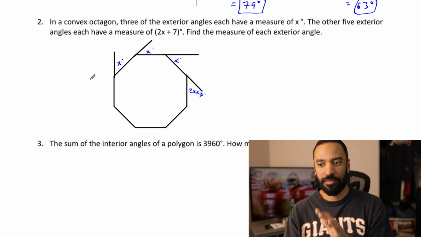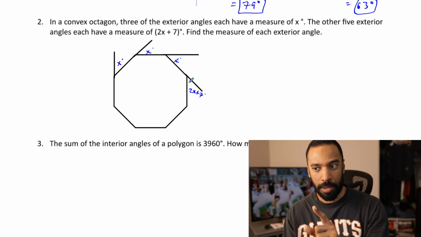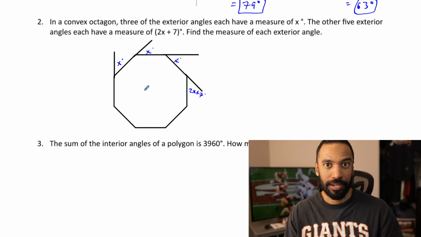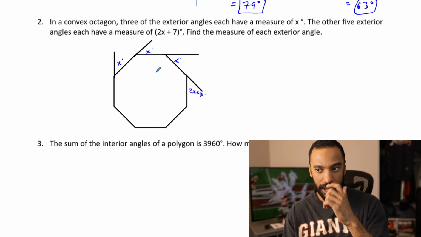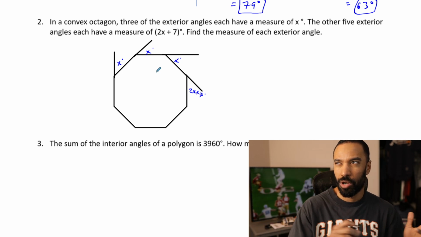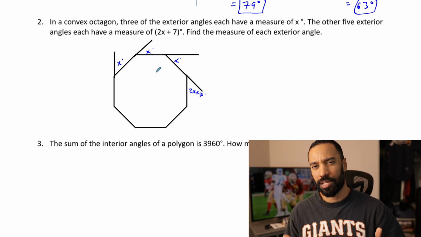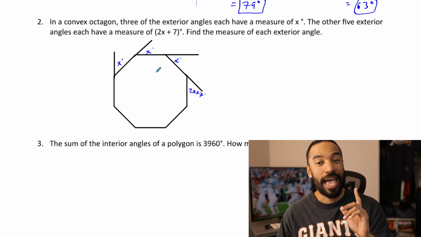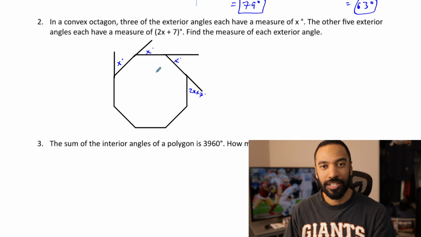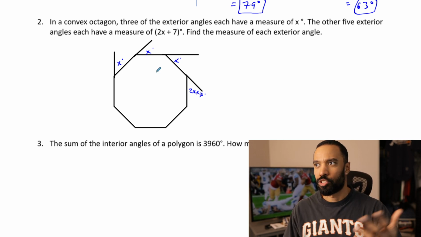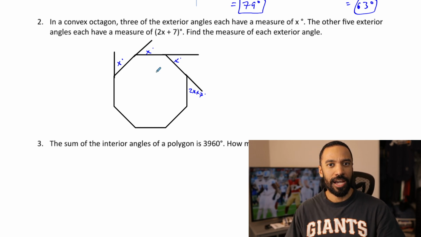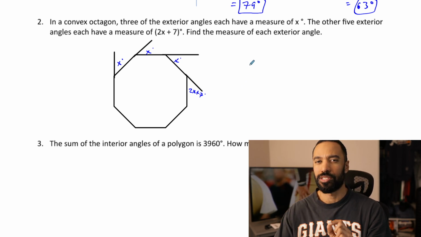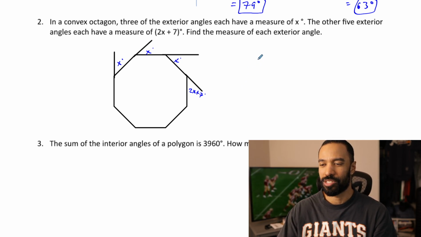Now, the important aspect of this is the interior angle sum of these, regular octagon or not, doesn't matter. The interior angle sum of an octagon is 180 times n minus 2, or 1080. But the exterior angle sum of an octagon, of a triangle, of a dodecagon, of a 100-gon, is always the same, which is 360.